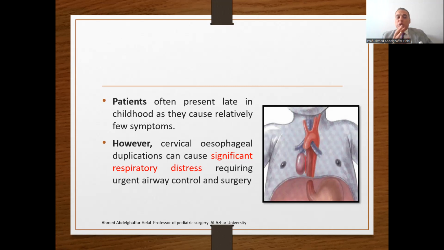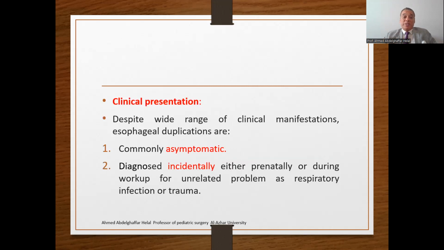However, cervical esophageal duplication can cause significant respiratory distress, requiring airway control and surgery. So the duplicated part may be very large, may compromise lung function, cause severe respiratory distress, and need urgent surgery. So it may be asymptomatic or may present with significant respiratory distress.